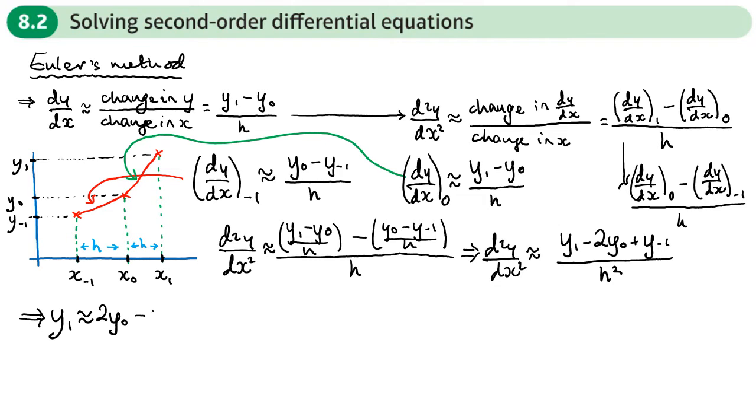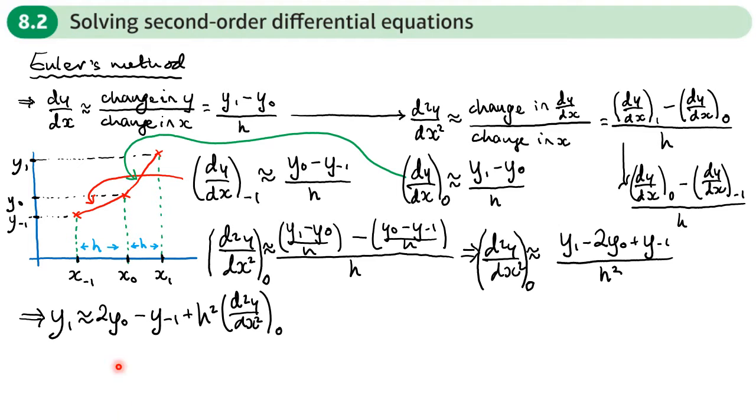Minus y minus 1 plus h squared times d squared y over dx squared at 0. So I suppose I should add here that this is what I was doing, working out the second derivative, or an estimate for the second derivative at 0.